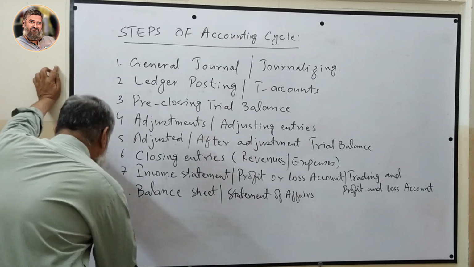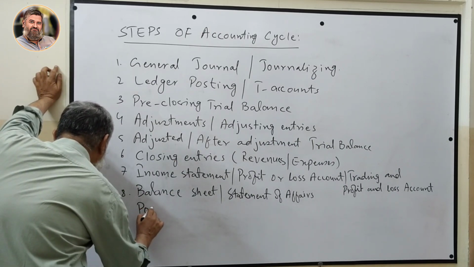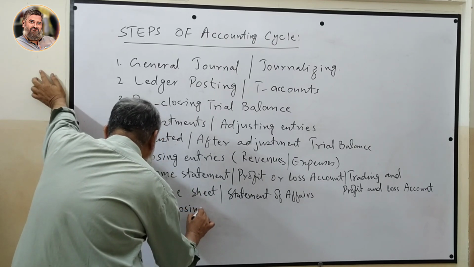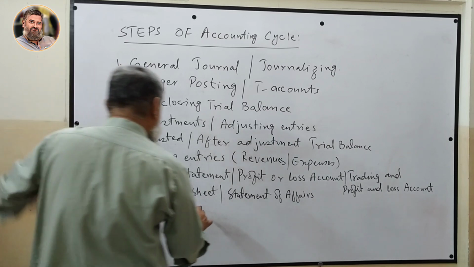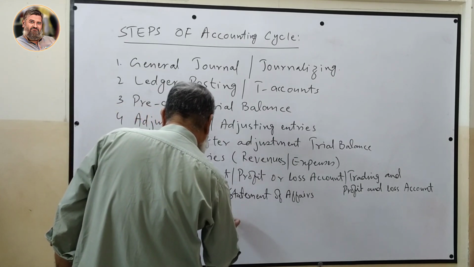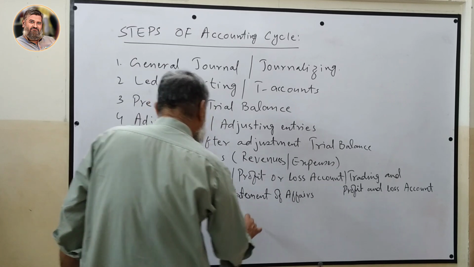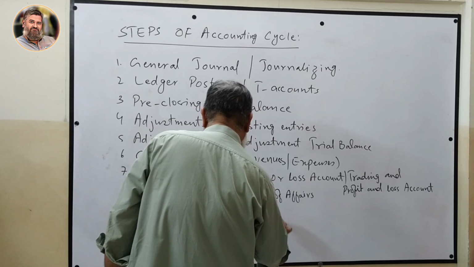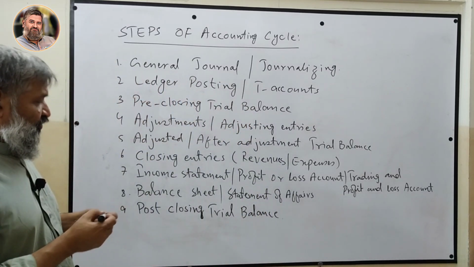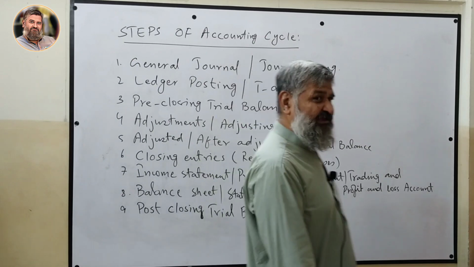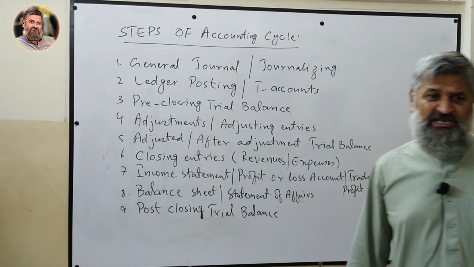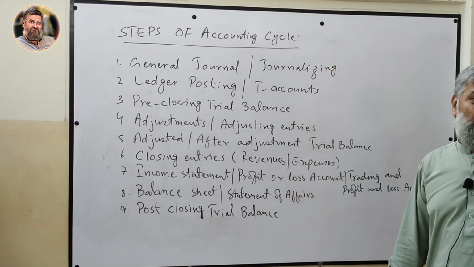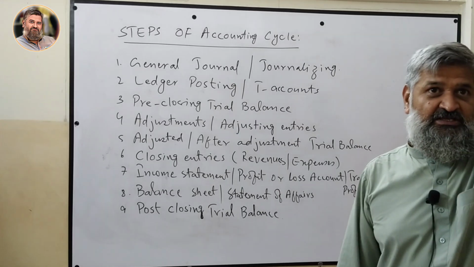And the last one is called the post closing trial balance. So, in each period, whether it is 1 month or 1 year, the accountant completes all of these steps, which are called the steps of the accounting cycle.